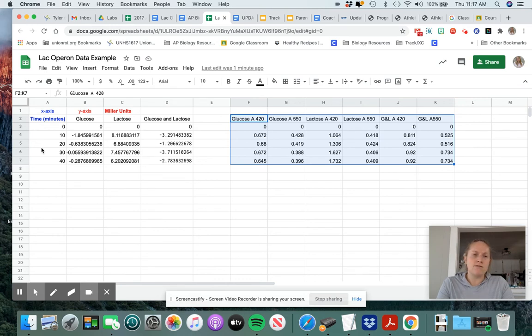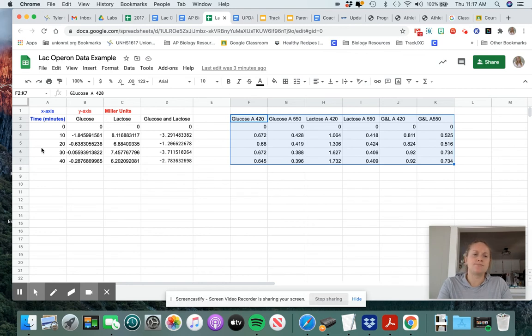And you're obviously going to see very low activity in the glucose group, which is the best measurement of a control. It's most like the control in this, because if there is no lactose available, there should be no beta-galactosidase activity, because there is no beta-galactosidase being made and there's no lactose to break up.